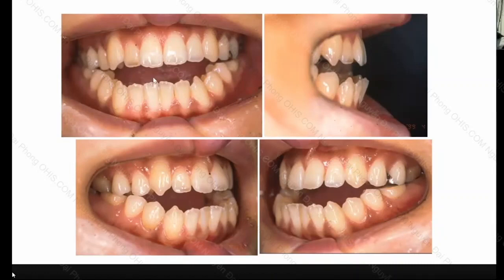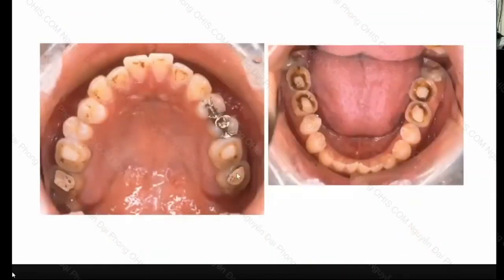Maybe too much eruption of the molar area. Therefore, okay, you should eliminate this dental height. Then grinding here." Then she did 2 years of this kind of treatment.